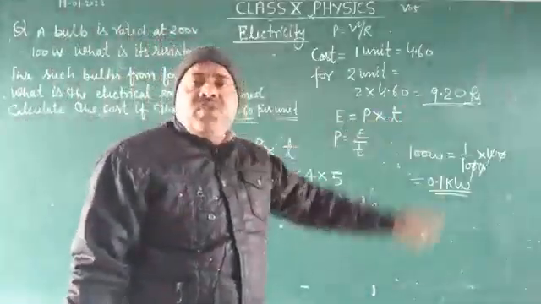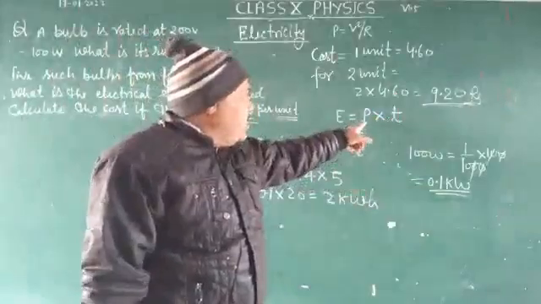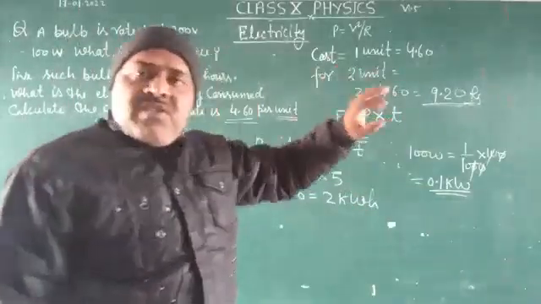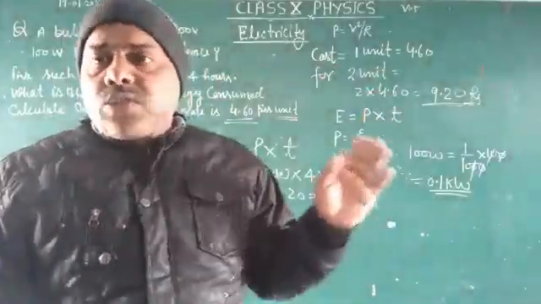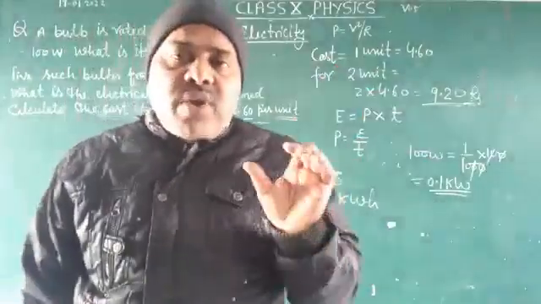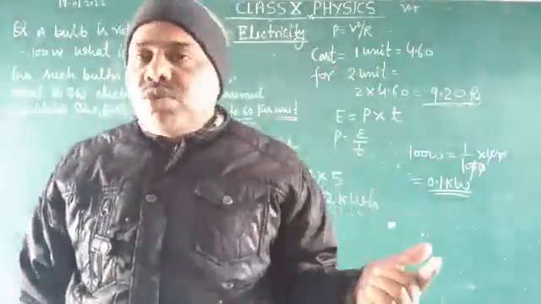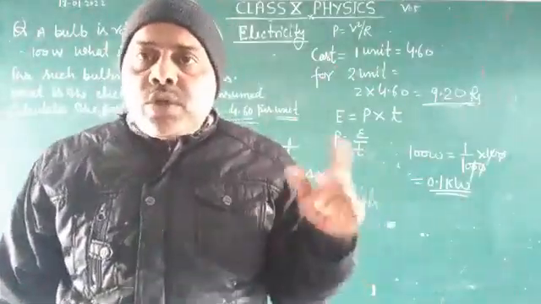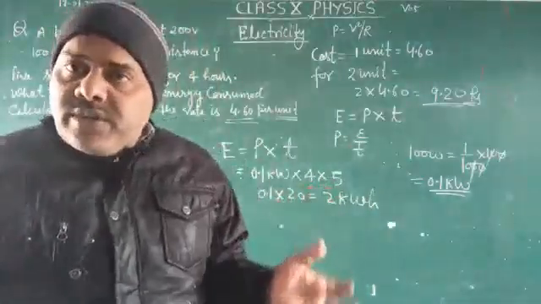E is equal to P into T, where P is the electric power. If this power is given in watt, we should convert it to kilowatt, because we should find in kilowatt hour, which is a unit. I told you kilowatt hour is the commercial unit of energy.